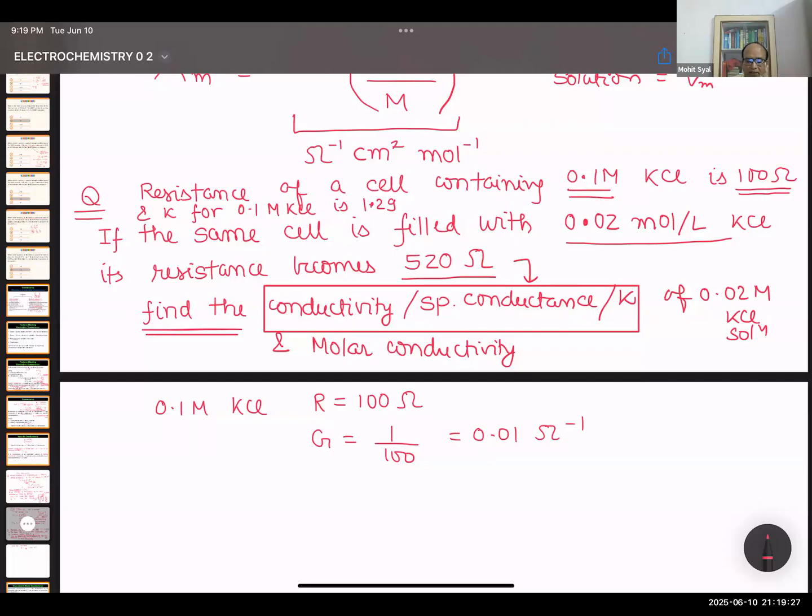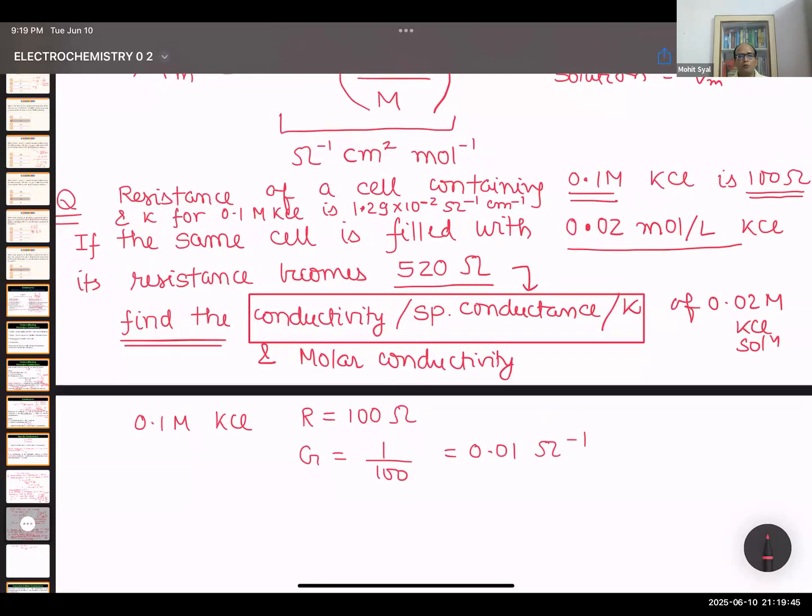For the first cell, they have given two values. I hope all of you can see the question. For 0.1 molar KCl, they have given the resistance, and we have already used the resistance to find the conductance. And they have given the kappa also.